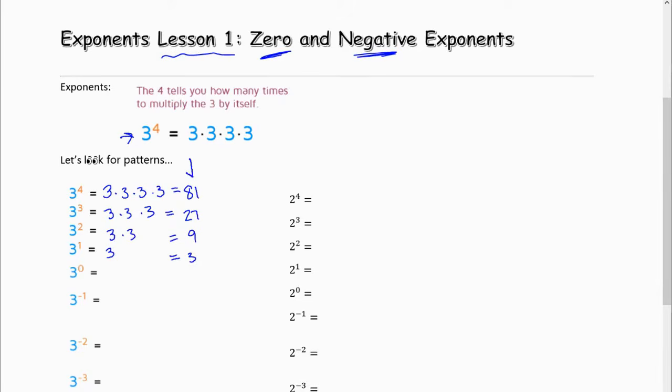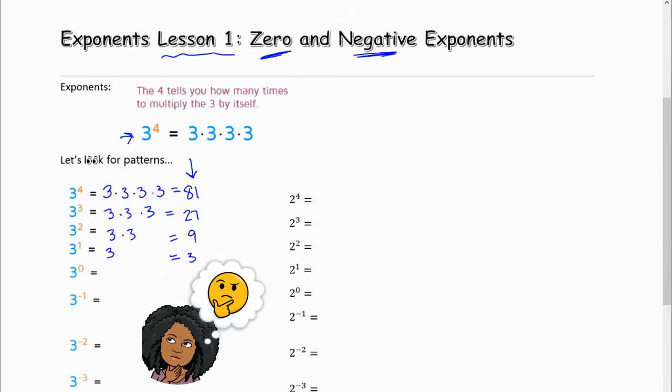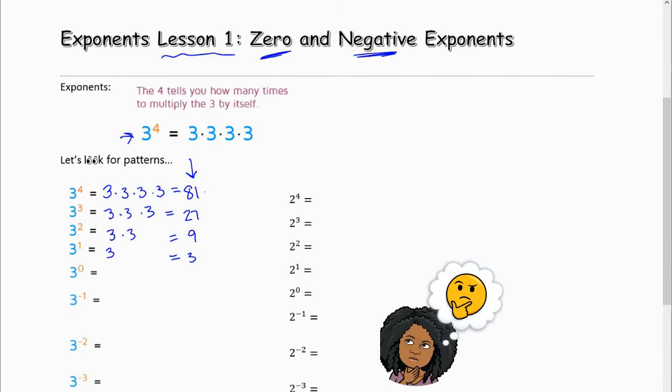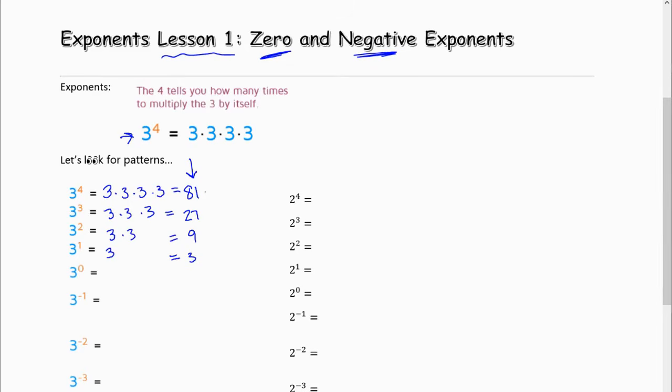Well, what is the relationship between these values? Well, 81, if I divide 81 by 3, I end up with 27. If I divide 27 by 3, I end up with 9. And if I divide 9 by 3, I end up with 3. So it looks like we are dividing by 3 repeatedly as we travel down this table.